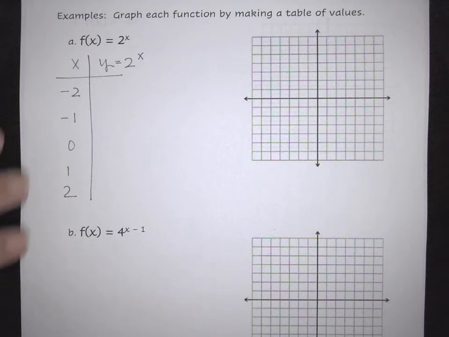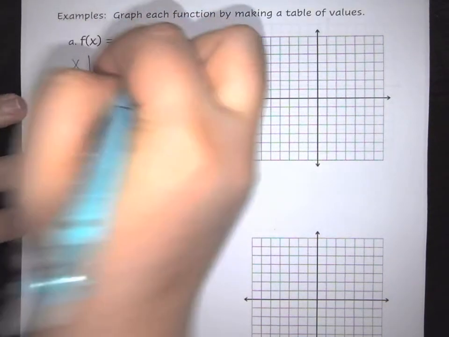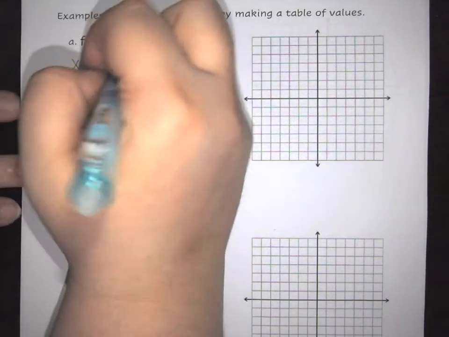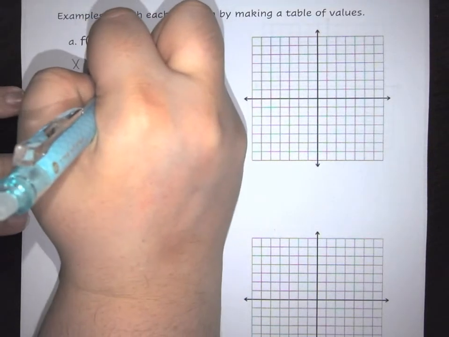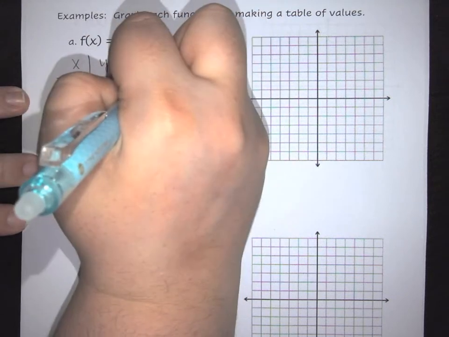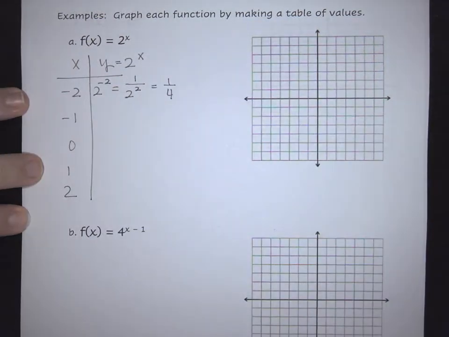So first of all, we would have 2 to the -2. Now with that, we know that our exponential rules say you can't have a negative power. So this is really the same as saying that you have 1 over 2 squared. We know 2 squared is 4, so this is 1 over 4.